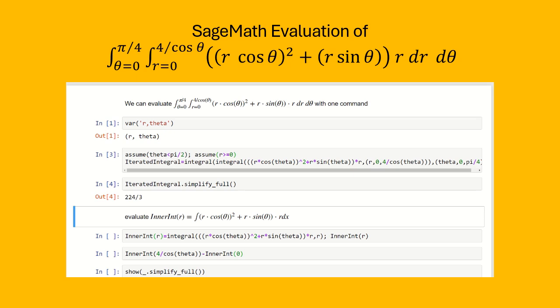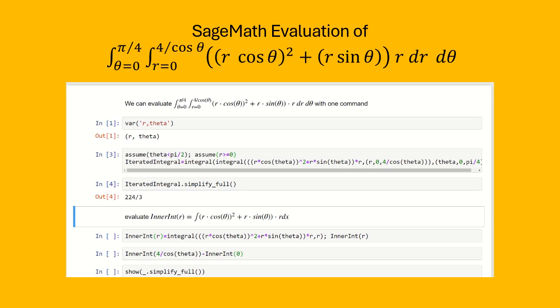Now, the next thing we're going to do is piece by piece, another method of evaluating this iterated integral. We'll evaluate the inner integral as far as just an inner antiderivative goes first, and then we'll use the fundamental theorem of calculus to get the value of that inner definite integral.